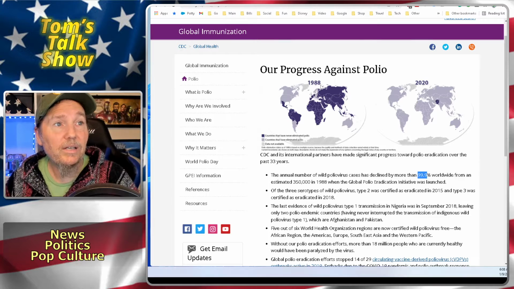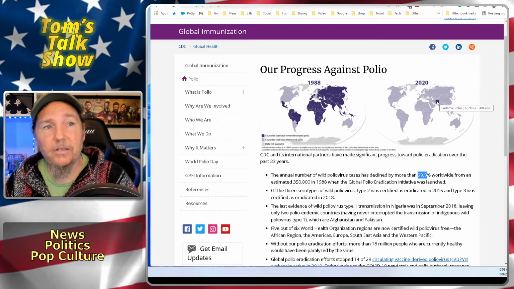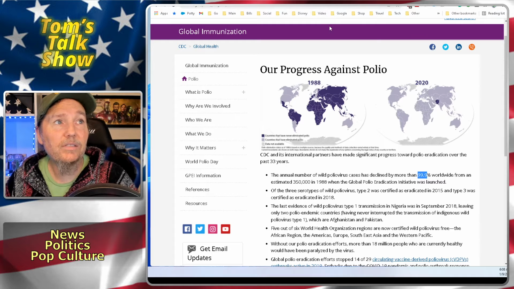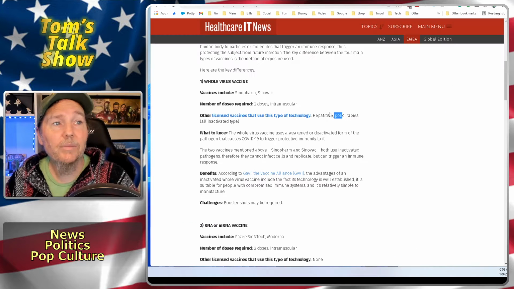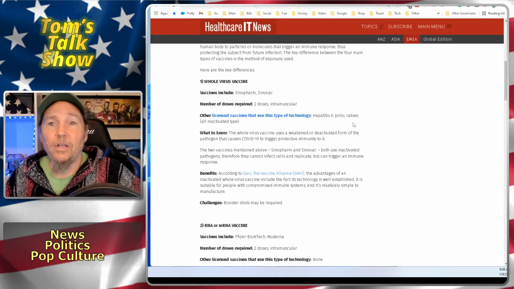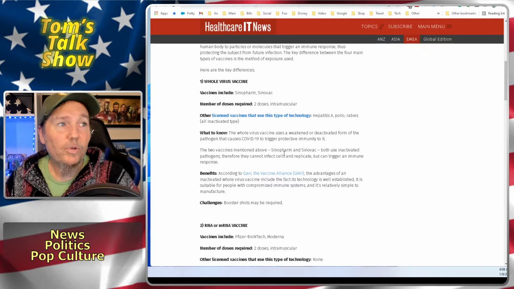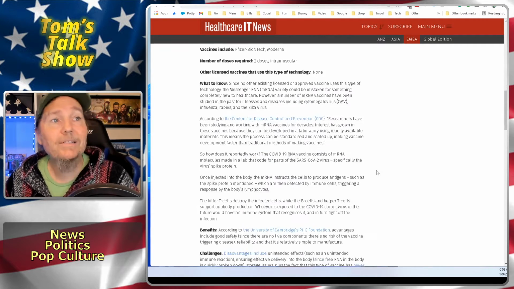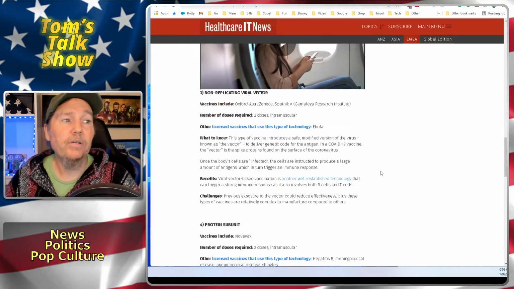In 1988, that's where it was, in this first graph. In 2020, all it is over here near India. So we're pretty good at eradicating polio, and these vaccines for polio are really good. So it would make sense to see that this is a really good way of making vaccines. Okay, we're going to skip number 2 for now.